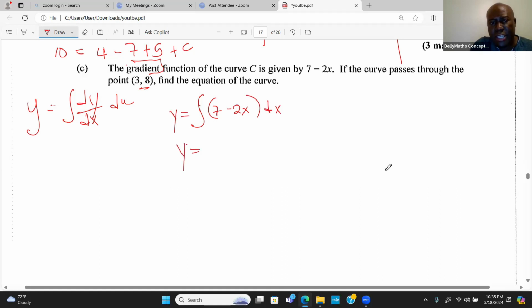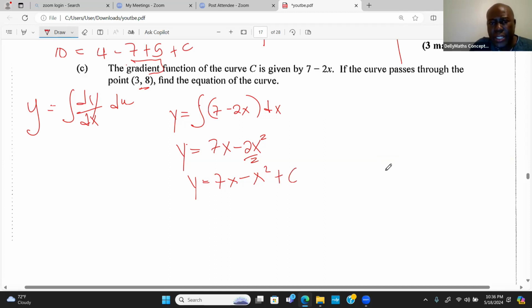So y is going to equal 7x, and this becomes x squared over 2 times 2. So basically, y is equal to 7x minus x squared, if I never made any error. So I have 7x minus x squared, and then there's a plus c.